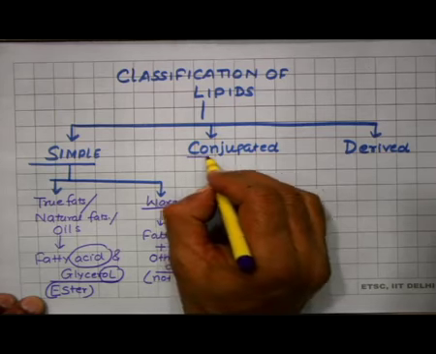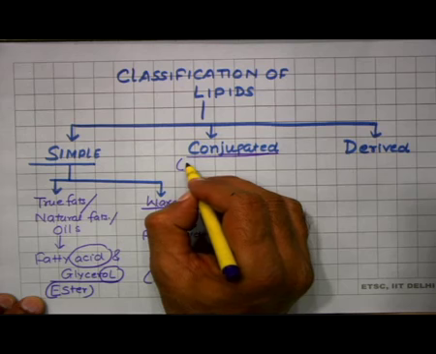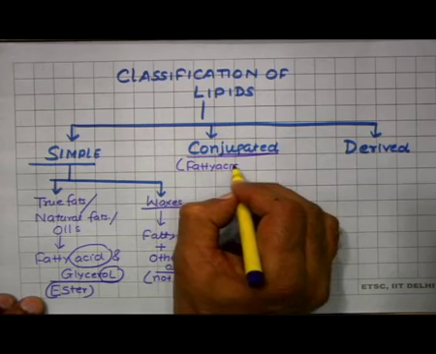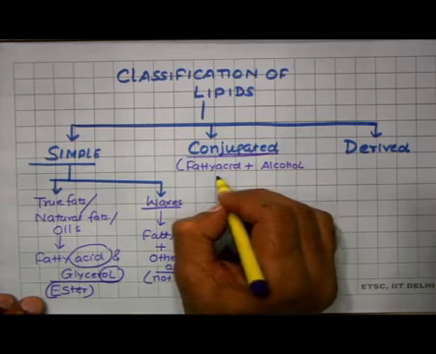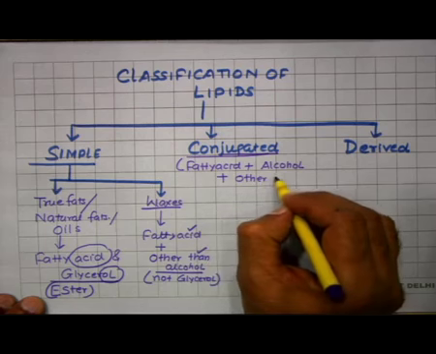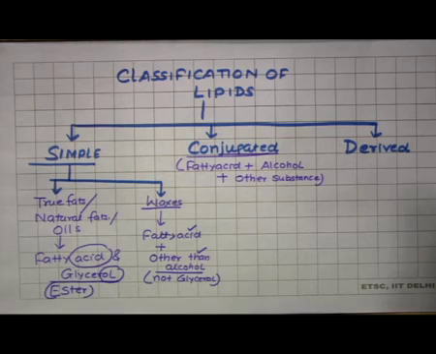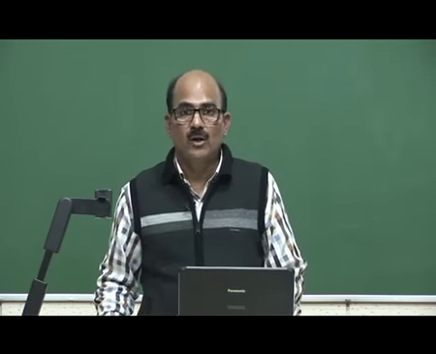Now, the conjugated form of lipid is formed by fatty acid plus alcohol. Besides this, other substances are also there, because without fatty acid, without alcohol, without glycerol, no lipid is formed.